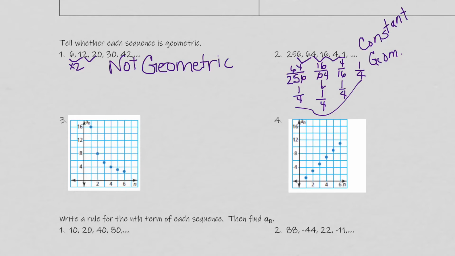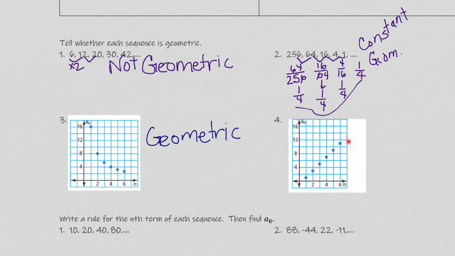Looking at number 3, I am looking to see what the graph would look like, and this one does fall, right? It's just kind of a decay. So this one would be geometric. It's got that exponential decay instead of exponential growth. Number 4 is not a decay.